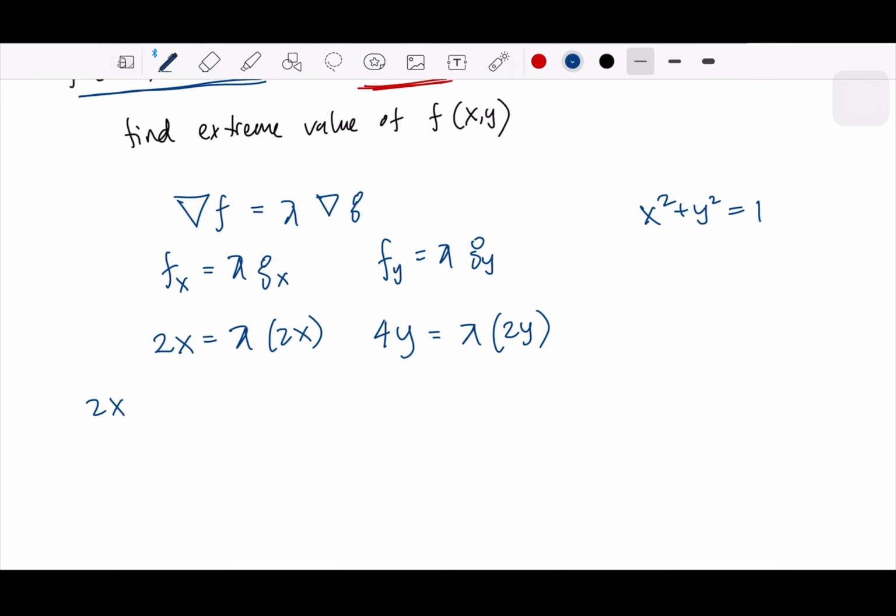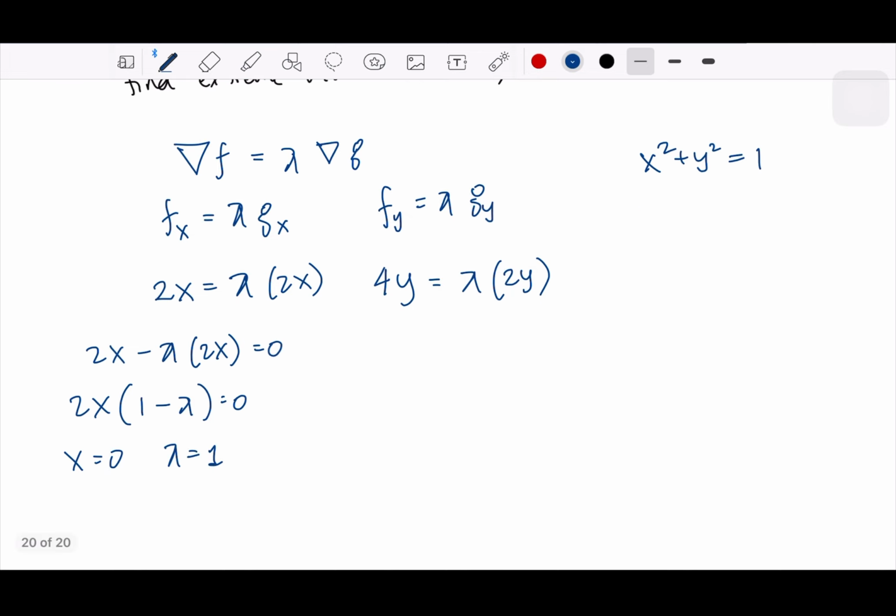This should be written precisely as x equals 0 or lambda equal 1. If x is 0, then y will be plus minus 1 from x squared plus y squared equal 1, right?